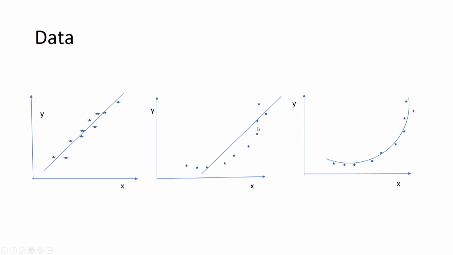For the rest of the cases, your actual value is here and the predicted value is here, so this difference is very high. So, we can say that the sum of squared prediction error will be very high in this second case.